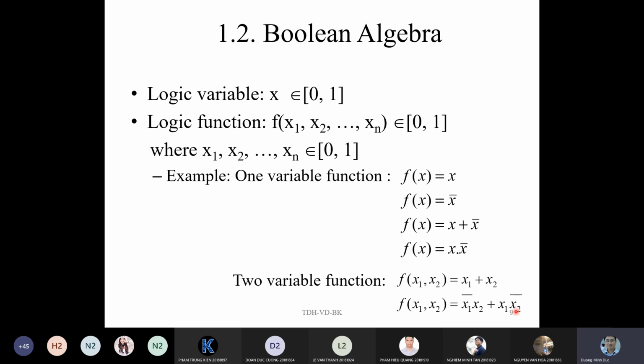In order to establish the relations of many logical variables, from the very beginning we build very simple functions, and then we will make it more general for the logical function.